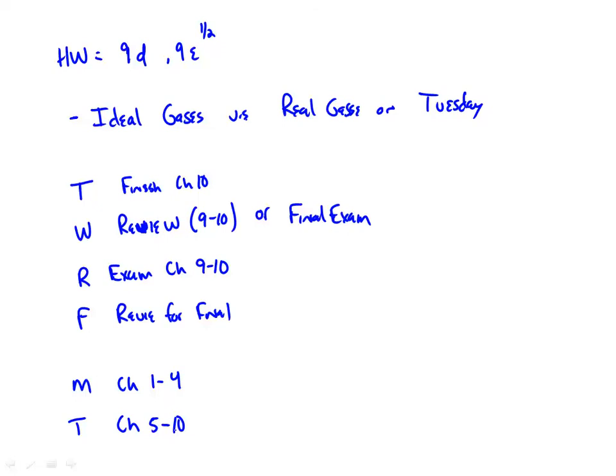And I should just check my finals from previous years and see how I divided it up. I just can't remember where I broke it up. So it's either chapters 1 through 5, or 1 through 4, and then 5 through 10, or 6 through 10. And if you remind me, I'll go look at my copy of the final exam and see how I usually do it.